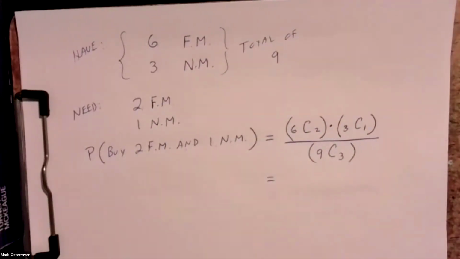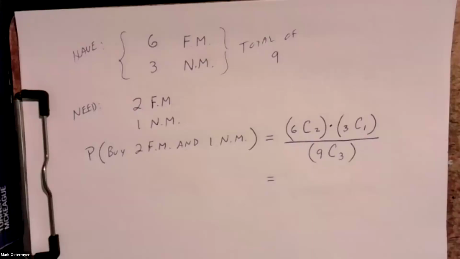Go ahead, dial it up. Tell me what you get for the probability. I got 0.0535. What'd you get again? 0.535. Yeah, okay.